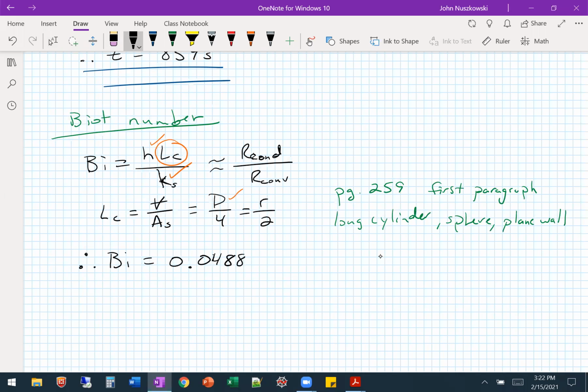And what did we use in our lecture as our criteria for the Biot number? Less than one. Much less than one. So we'll just use for checking with an exact value of less than 0.1. So in that case, we're good.